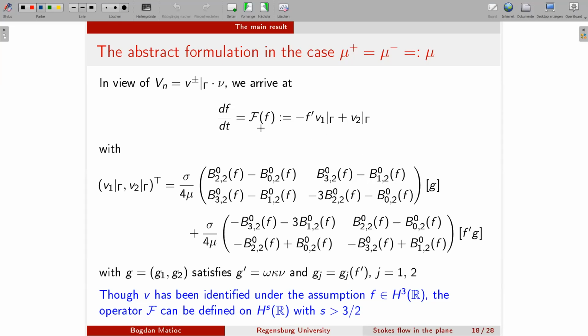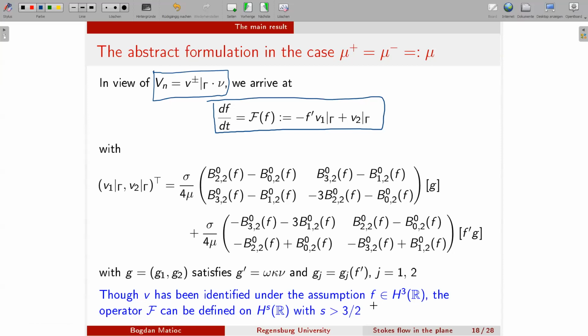And remember, we have the kinematic boundary condition, and from this kinematic boundary condition we obtain an evolution equation for f, namely d_t f is an operator cal F applied at f, and cal F is simply minus f prime (v1 plus v2), and you see here everything is explicit with respect to f. Yeah, so the right hand side depends only on f.